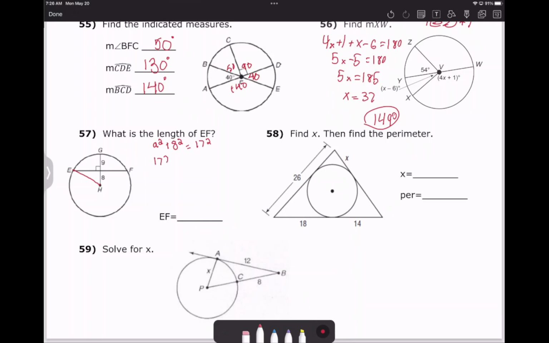So 8 squared plus A squared equals 17 squared. 17 squared minus 8 squared equals A squared. 289 minus 64 equals A squared, which is 225, not 255.